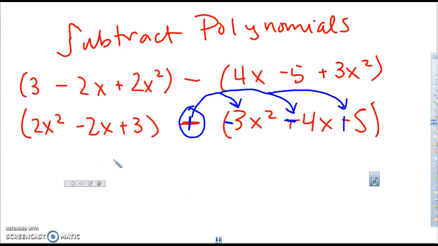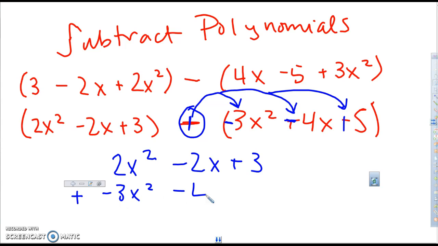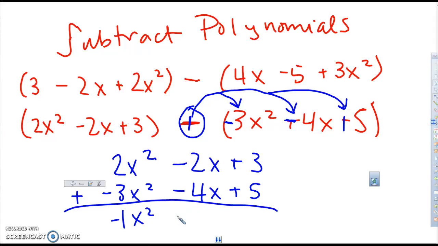So if I want to line this up, I have 2x squared minus 2x plus 3 plus a negative 3x squared minus 4x plus 5. Then I can go ahead and add down just like I did before. 2 plus negative 3 will give me a negative 1x squared, or negative x squared, minus 6x plus 8.